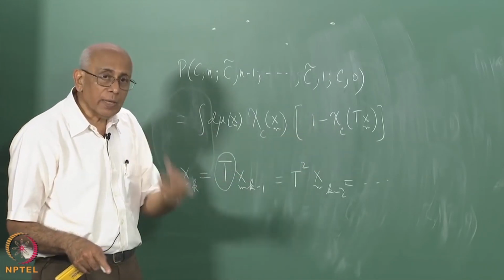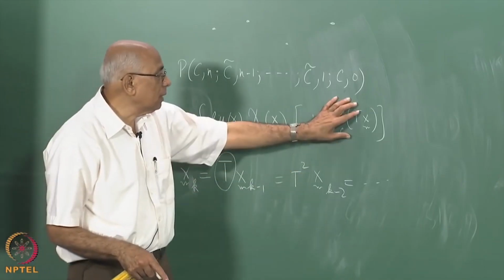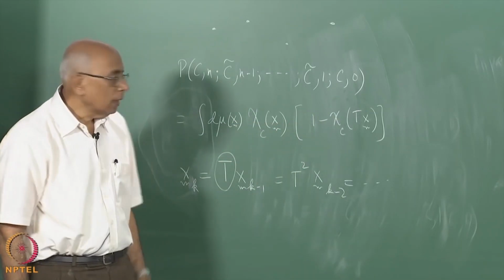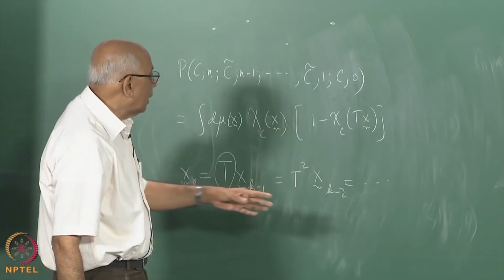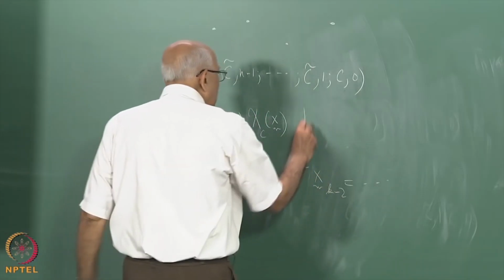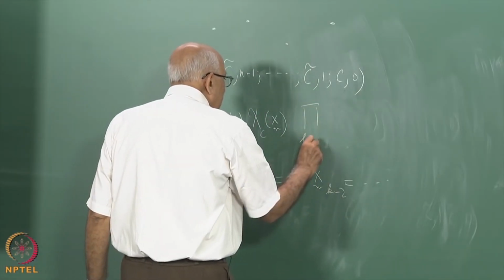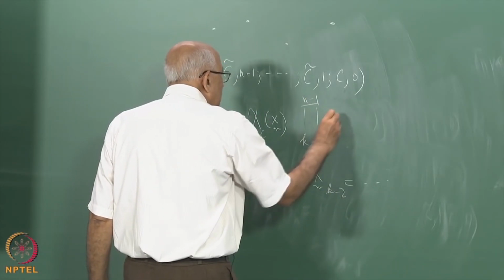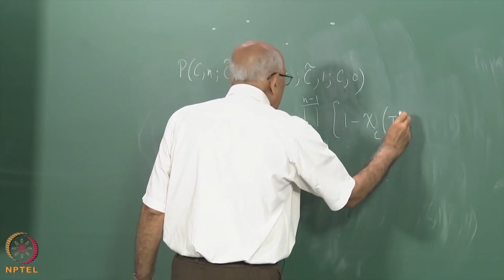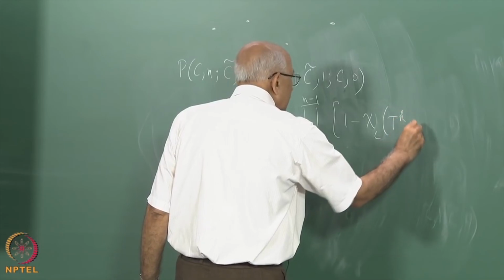If Tx is outside C, in C tilde, this will be 0 and you have got a 1. So you have got the full measure, and that should be true all the way up to n minus 1. So this whole thing becomes a product k equal to 1 to n minus 1 of 1 minus chi c of T k x.